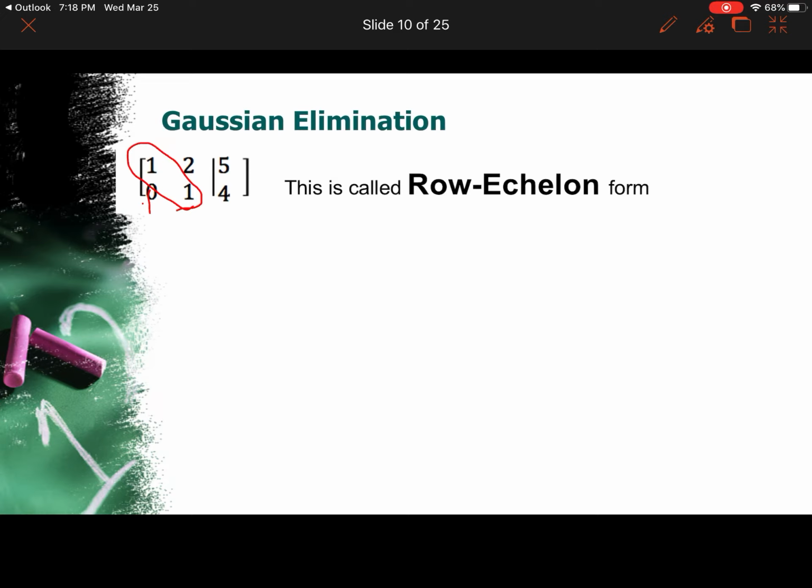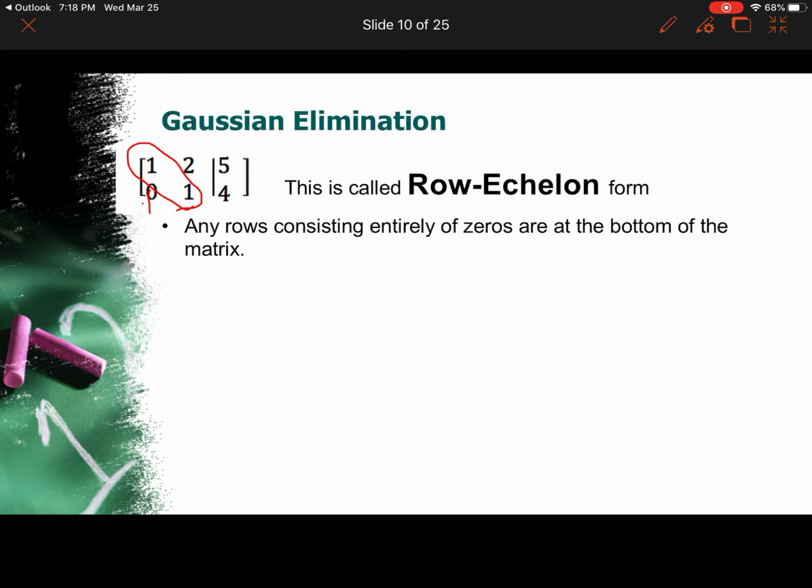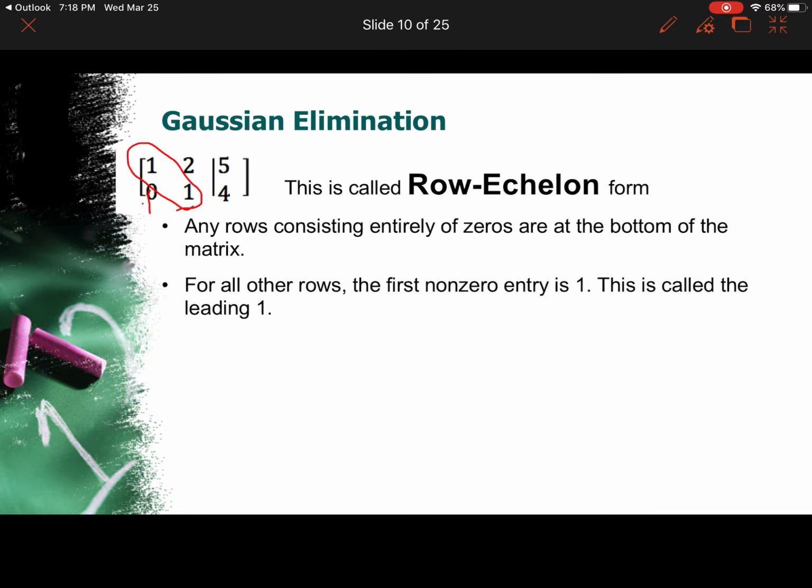Okay, now here are the actual rules, because sometimes it won't turn out that we can get all the 1s on the diagonal, and sometimes we end up with rows of all 0s, as we'll talk about in the next section. But if there is a row of all 0s, it's got to be at the bottom. For all the rows, the first non-zero number has to be a 1.